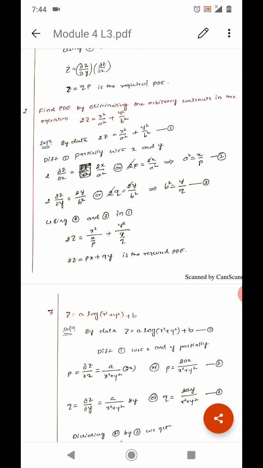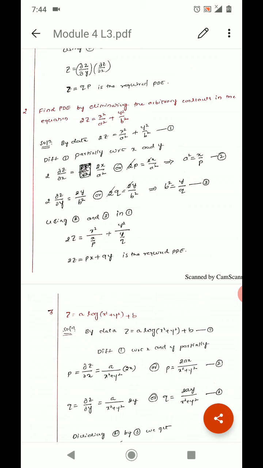And now we differentiate the given equation with respect to y partially. So 2 into del z by del y is equal to, here x square by a square is constant, so that becomes 0, plus the differentiation of y square by b square with respect to y, which is 2y divided by b square. Again here 2 and 2 get cancelled, and we have b square is equal to y by q.